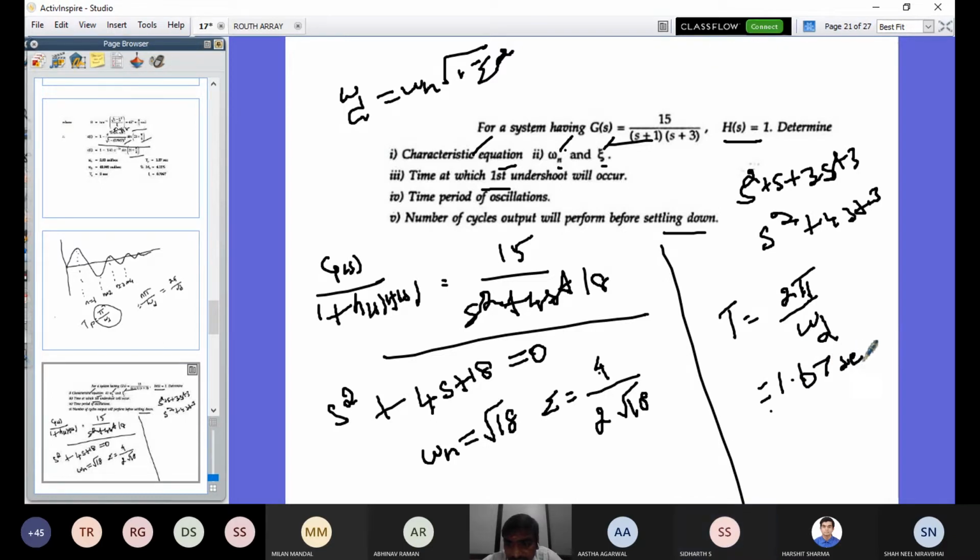1.67 seconds. And next one, time period of oscillations. How to find time period of oscillation? Anyone?